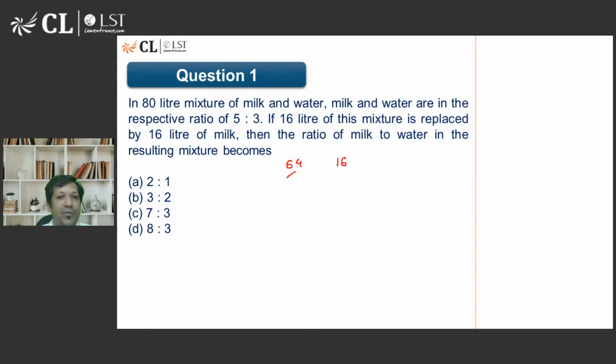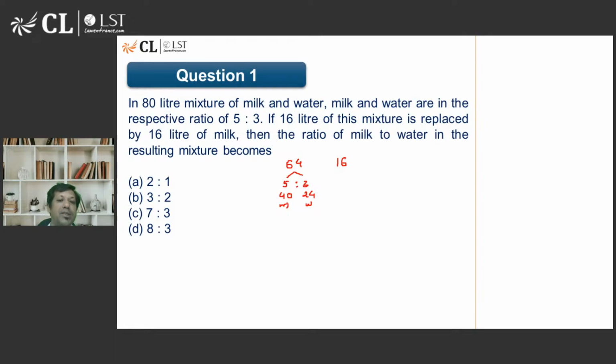Now in this 64 liters, the milk to water ratio is going to be the same as the previous one, that is 5:3. So just break this 64 liters into 5:3. So 5 by 8 is going to be 40, 3 by 8 is going to be 24. So in this 64 liters of the solution, milk was 40, water was 24.